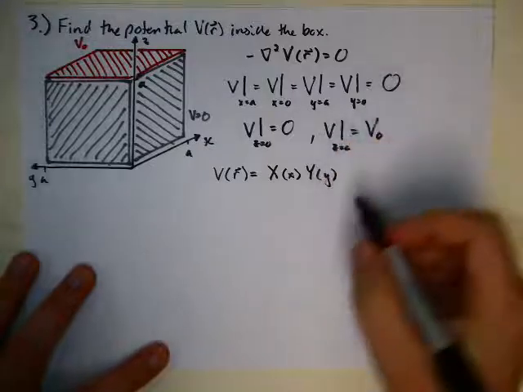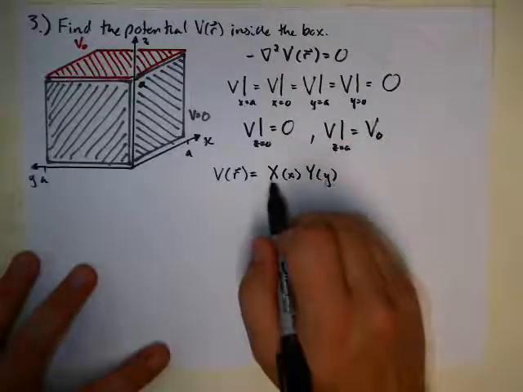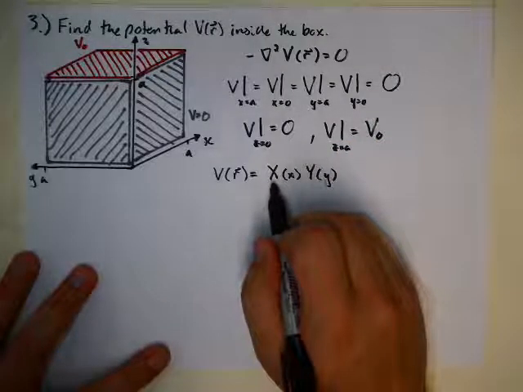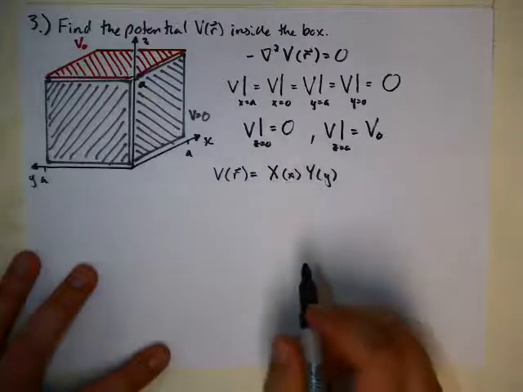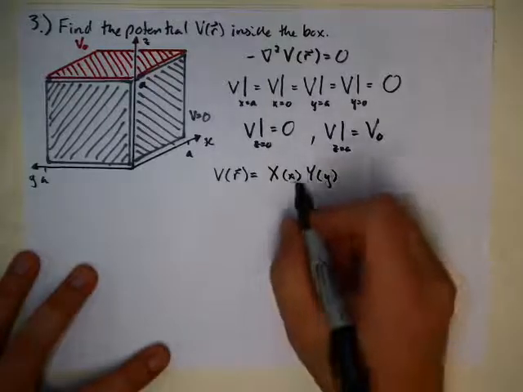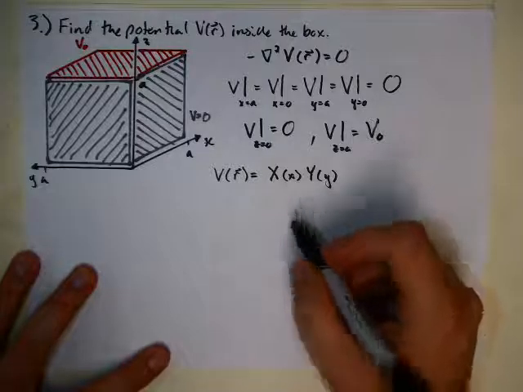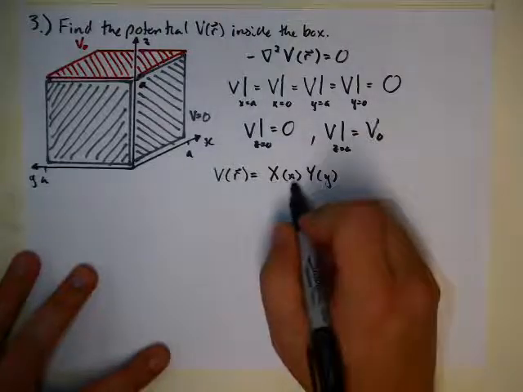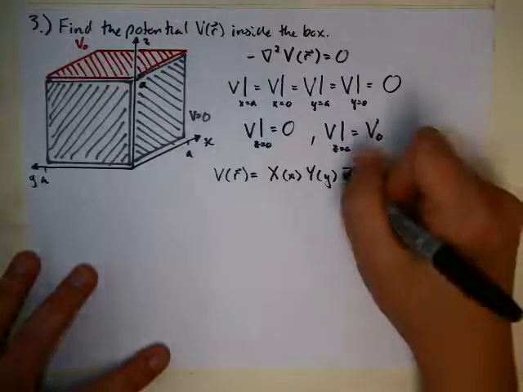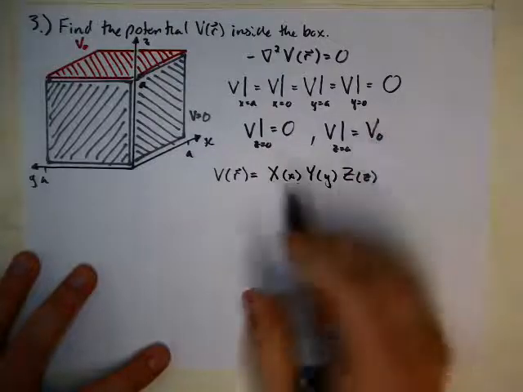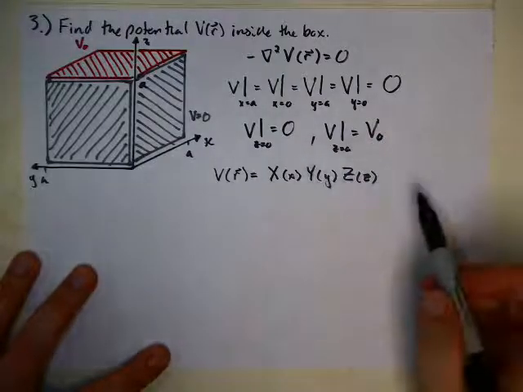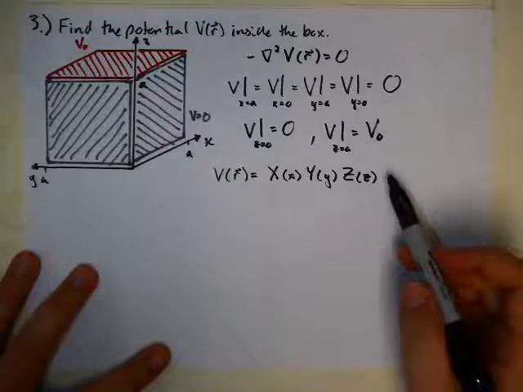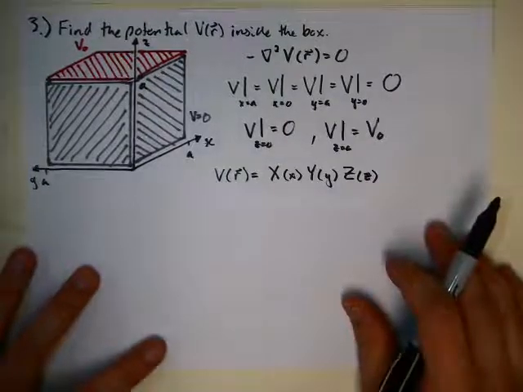Our standard is to write a capital letter for the function that depends only on the lowercase letter for each coordinate. We're using Cartesian coordinates, so it's capital X of little x, capital Y, and capital Z. This is an assumption to start the problem. There's no proof of this.